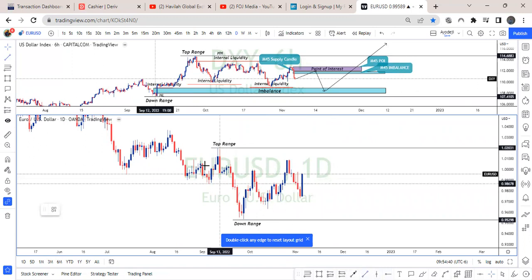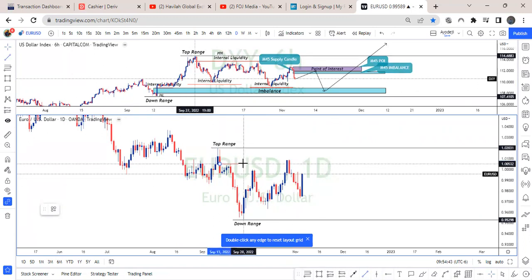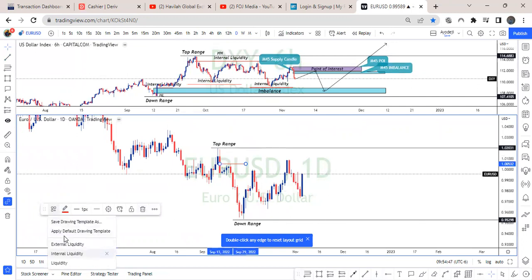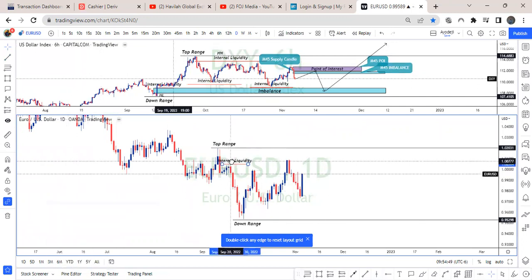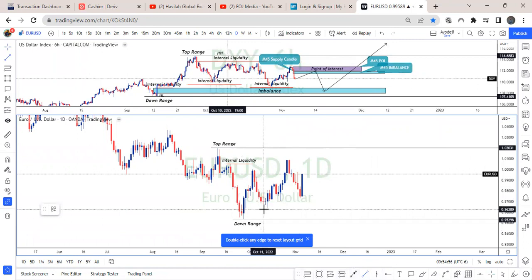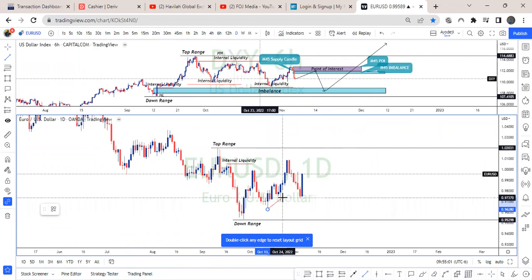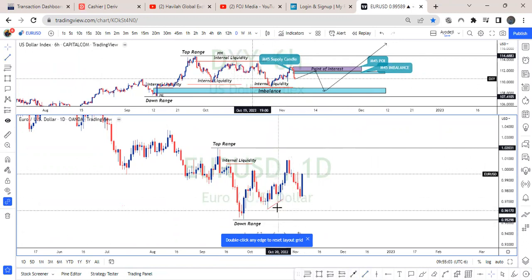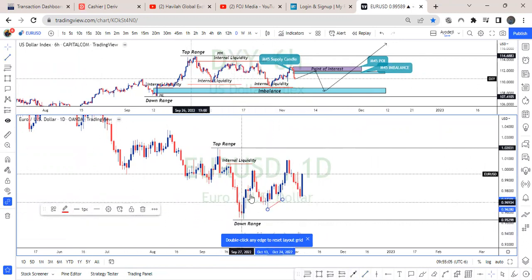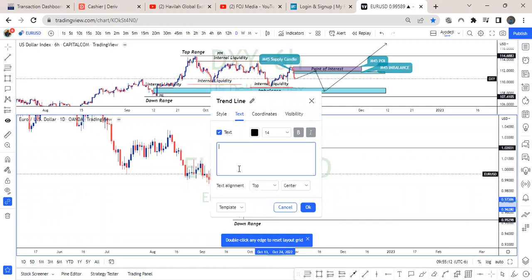This is an internal liquidity here. I like to first mark up my liquidity points. In fact, this is a dynamic internal liquidity. Let me annotate this dynamic.